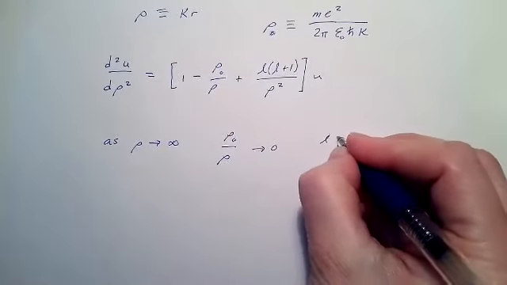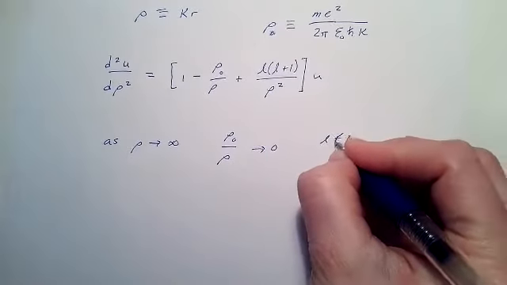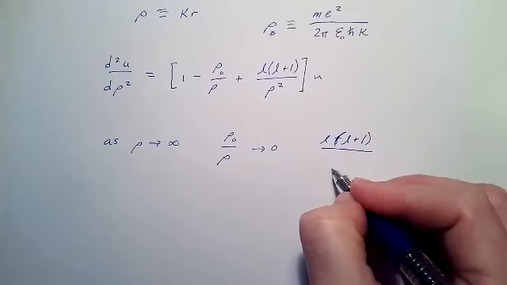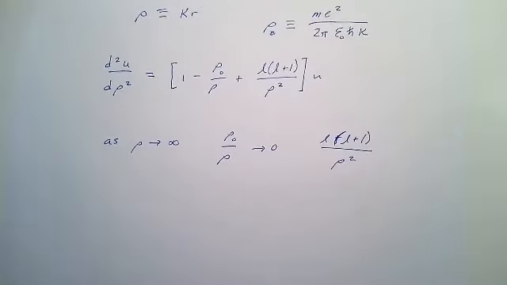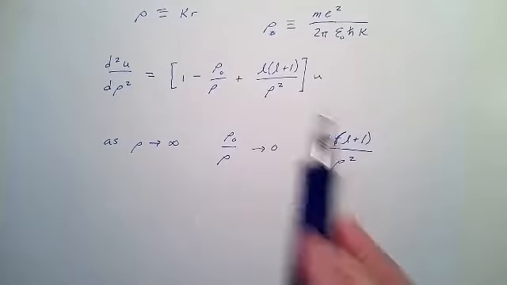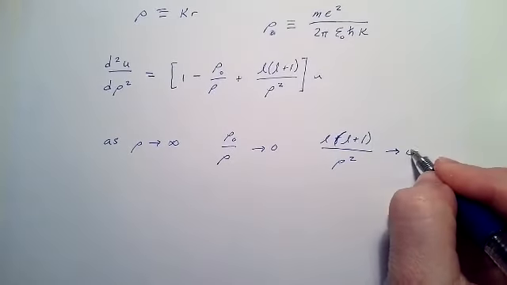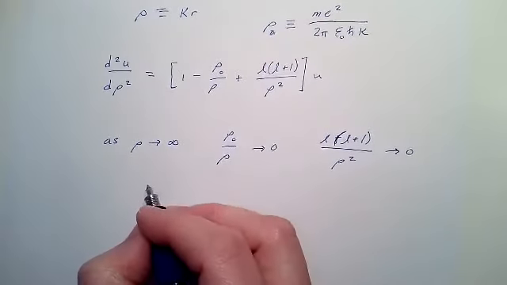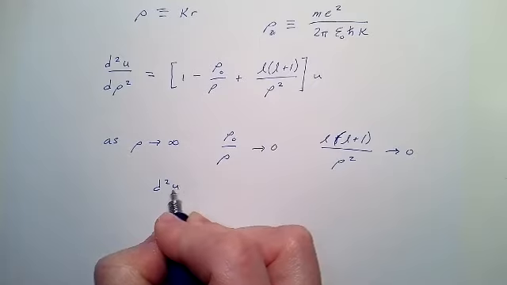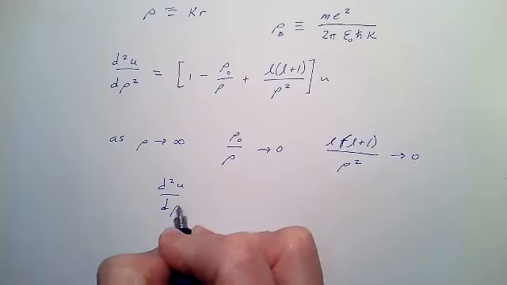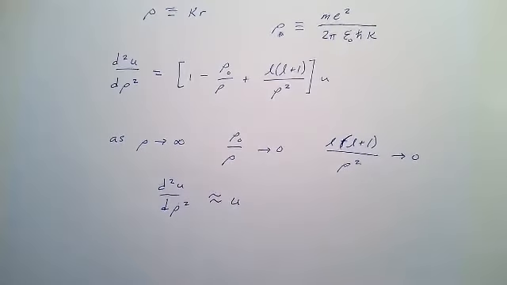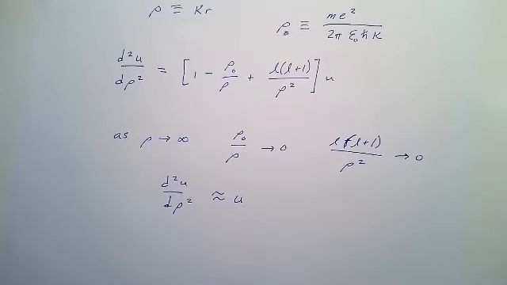And also L times L plus 1 over rho squared, so this term also goes to 0. So the asymptotic behavior of this differential equation is that as we head towards infinity, our second derivative just looks like our original function u.